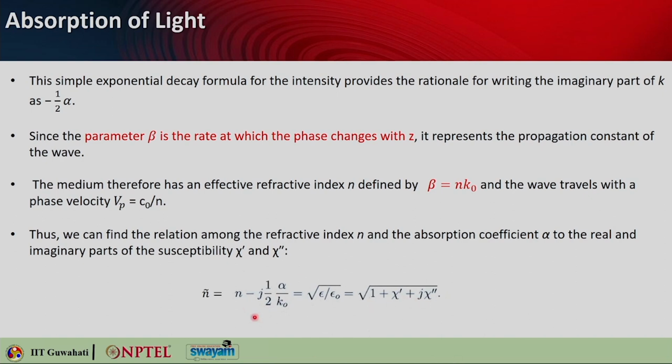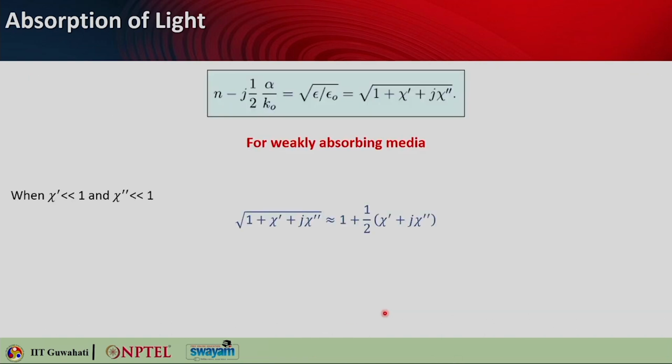So, once you equate the real part with the real part and the imaginary part with the imaginary part, you will find each of these components, and that can be done easily for a weakly absorbing medium. In that case, you can assume that both chi prime and chi double prime are much smaller than 1. So, the square root can be approximated as (1 plus chi prime plus j chi double prime) to the power half.